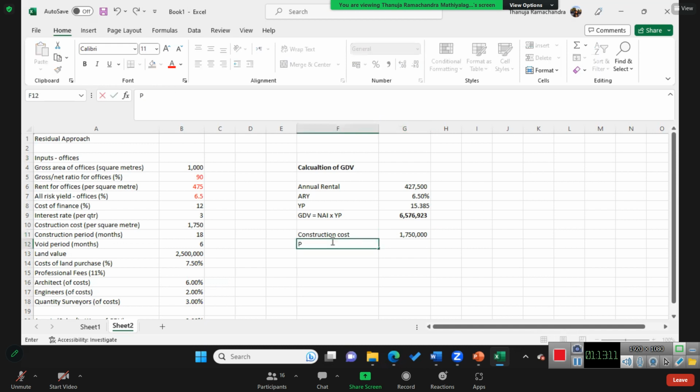Professional fees: we need not calculate separately, we can add all of them together. In a construction project, architects are involved at a different stage than engineers and quantity surveyors, so payments are settled at different time periods.